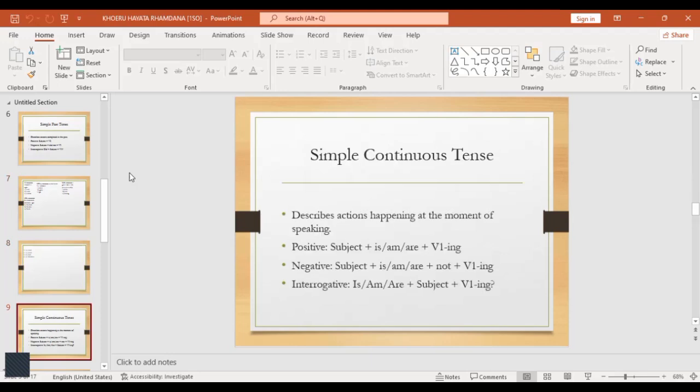Now, let's talk about the present continuous tense, which is very useful when we are talking about actions that are happening right now. The present continuous tense is used to express actions that are in progress at the moment or actions that are happening at a specific time.